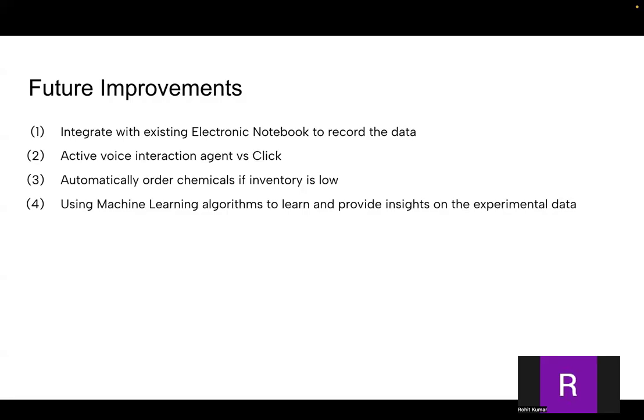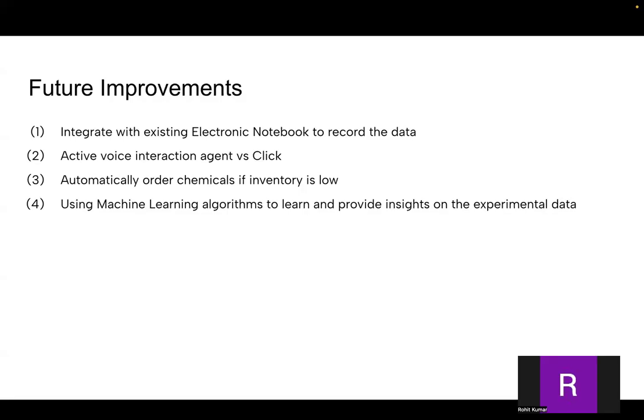Another integration idea we had was, let's say we're running three experiments and some of the chemicals, like toluene, are running low. We'd have an integration that shows the supplies of all the different chemicals, and if one is running low, it would connect to the web and order new ones for us.